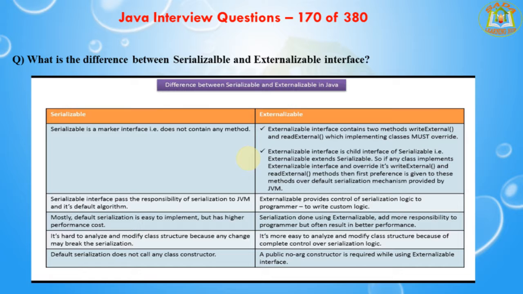But you can override the writeObject and readObject methods to control more complex objects in the serialization process. When you use the externalizable interface, you have complete control over your class serialization process.